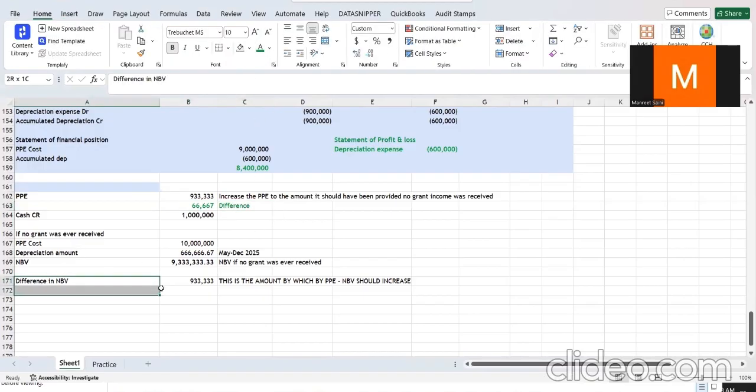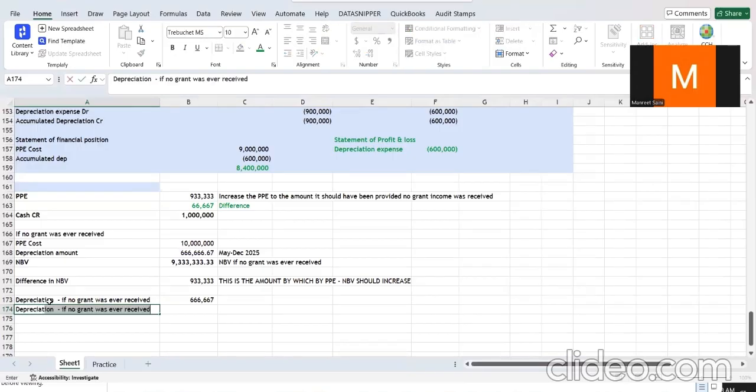Now we have seen the difference in the net book value. Now net book value comes from the depreciation, right? If we take cost minus depreciation, then only we get the net book value. So depreciation expense, if no grant was ever received, should be this much.